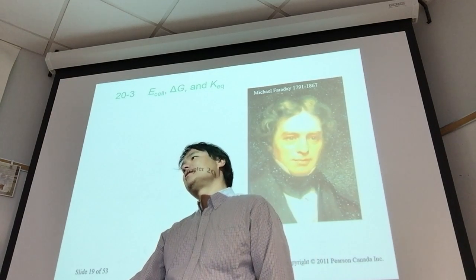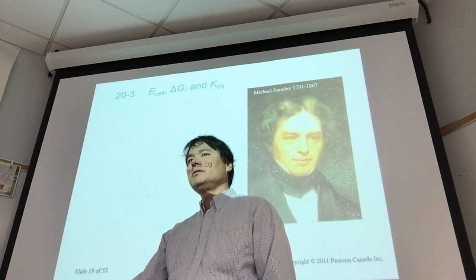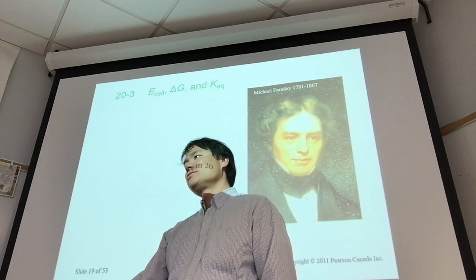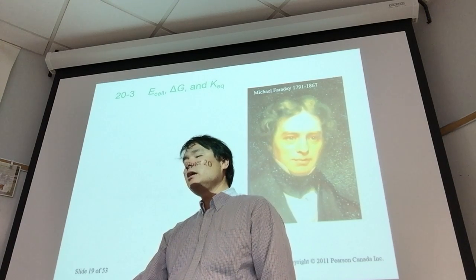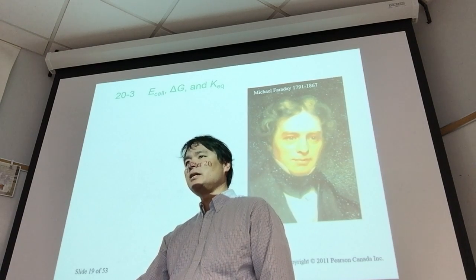Well, if E of the cell is greater than 0, if you have a positive voltage, that means the reaction is spontaneous. If your battery shows 0 volts, that means it must be dead, at equilibrium. And if it's showing negative volts, the reverse of what you thought the reaction is, is spontaneous.